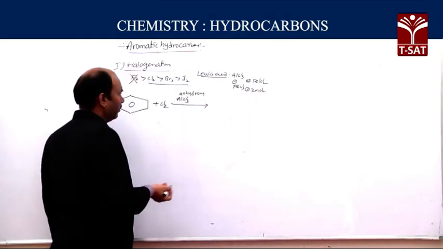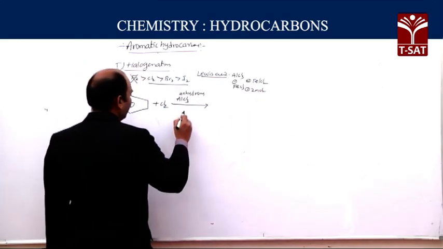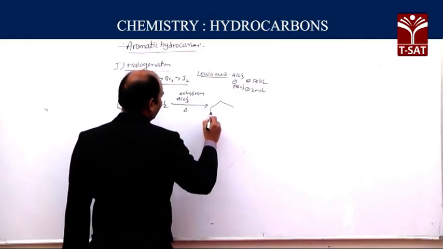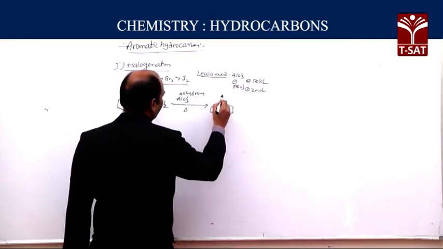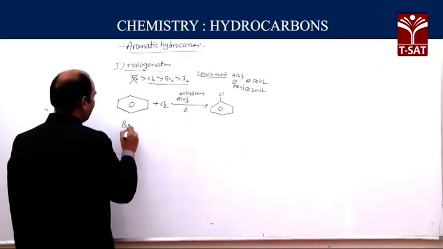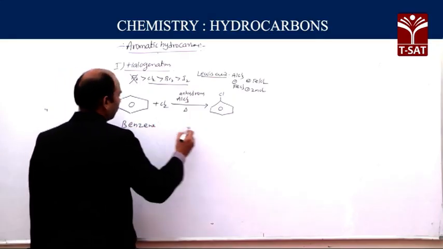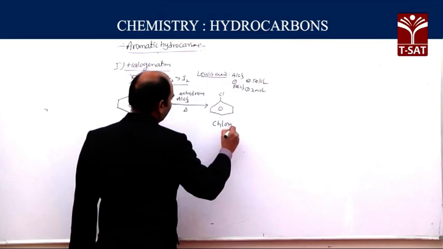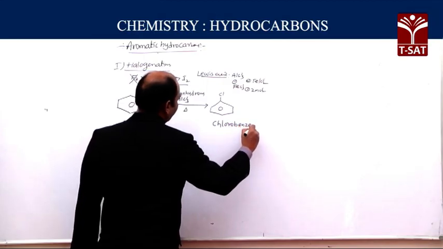So we can use Lewis acids. On heating, what do we get? We get chlorobenzene. This is benzene and this is chlorobenzene.